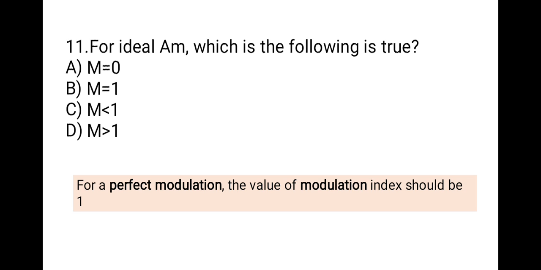When these two quantities are equal, then m is equal to 1, and this is the ideal condition of AM. So the correct option is B. For perfect modulation, the value of the modulation index should be 1.